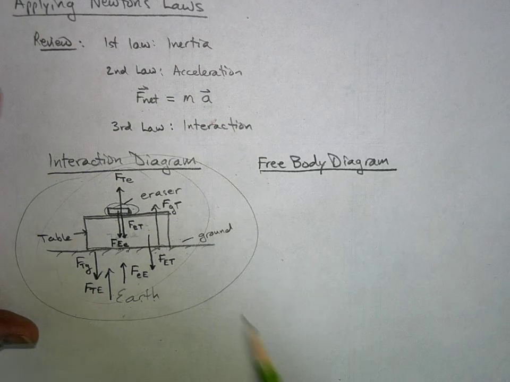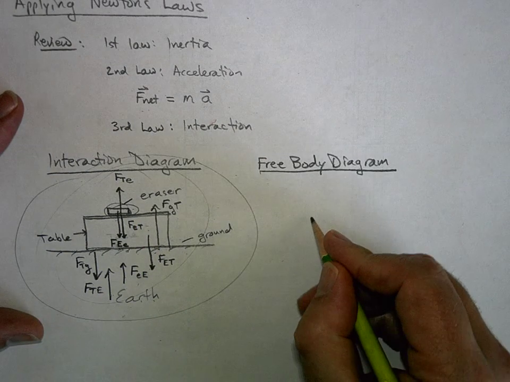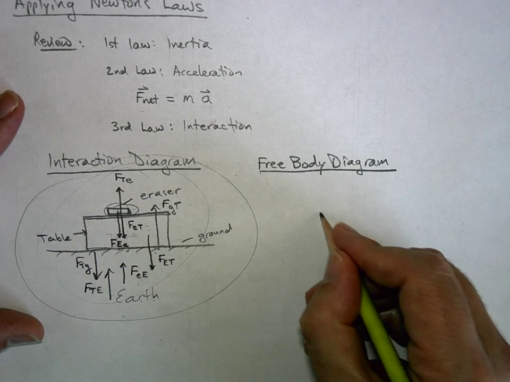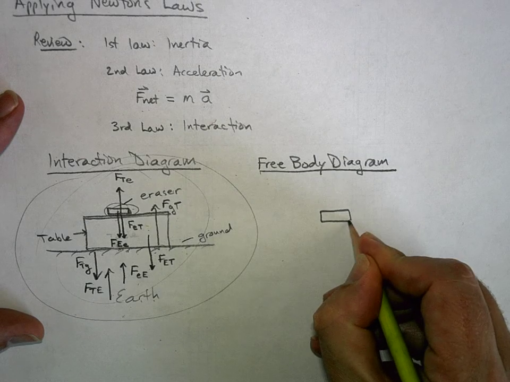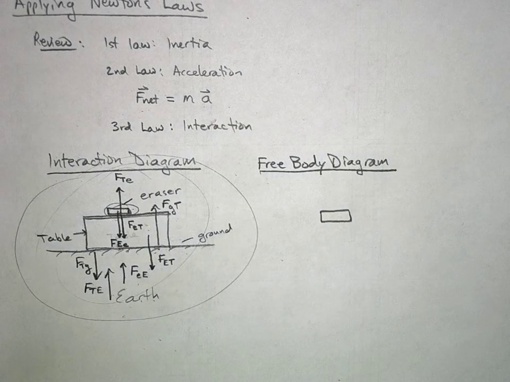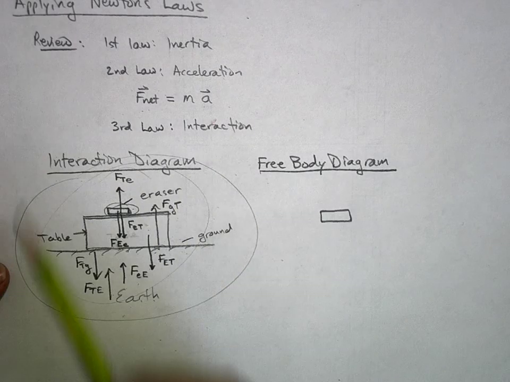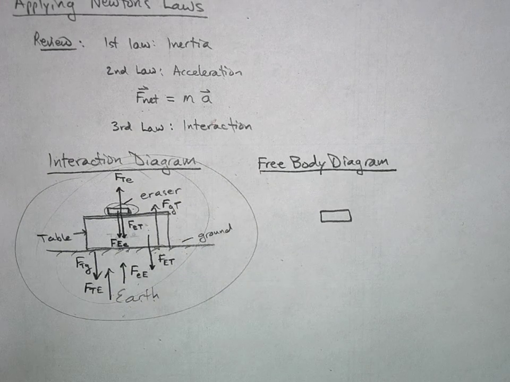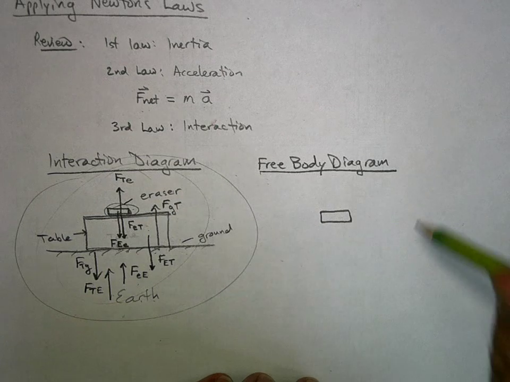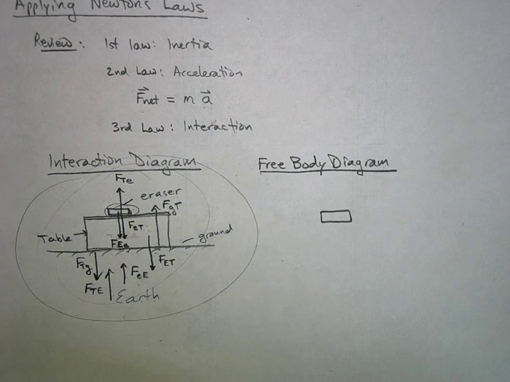So we isolate the eraser. So when you draw a free body diagram, you just draw the eraser. You do not draw the environment around the eraser. See, the interaction diagram shows the entire system, but the free body diagram isolates one object and then only looks at the outside forces acting on that object.